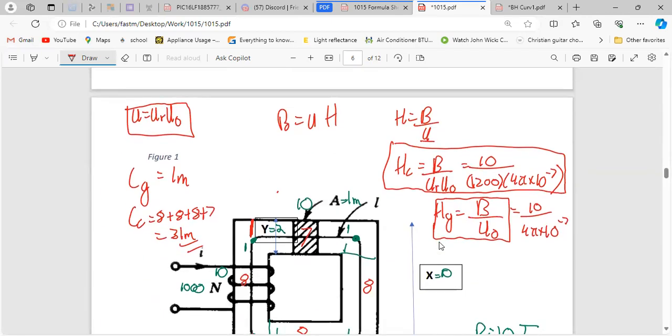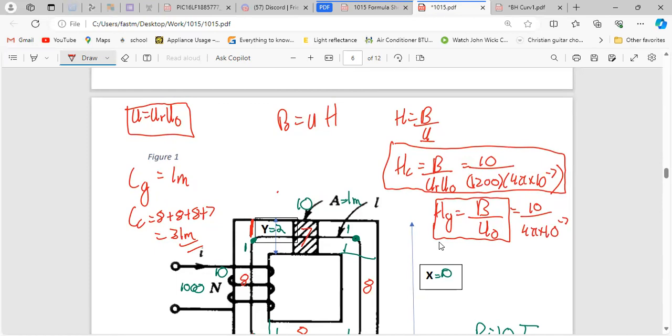So HC is 10 divided by open brackets 1200 multiplied by 4 pi multiplied by 10 to the power of minus 7 close brackets.